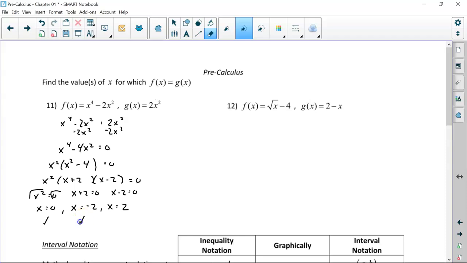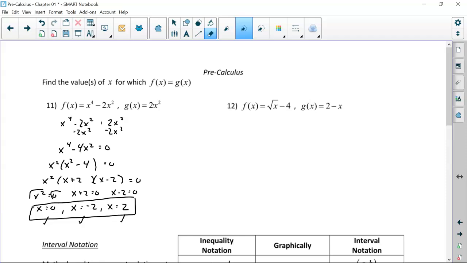So you get 8 equals 8. That worked. When x is 2, 2 to the fourth is 16 minus 2 times 2 squared. So 16 minus 8 once again is 8. And then 2 times 2 squared is 8. So that worked for all three. So all three of those are valid solutions.